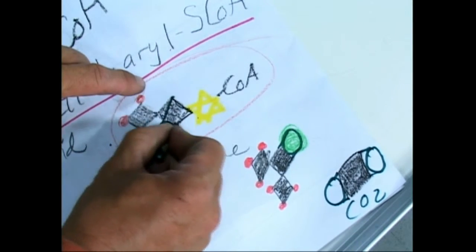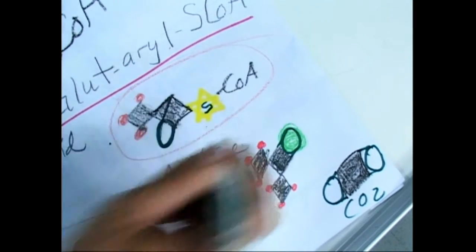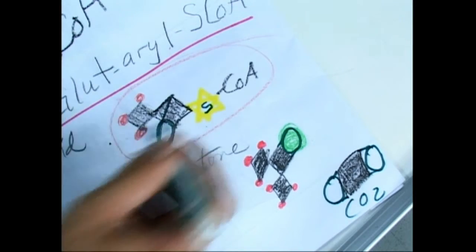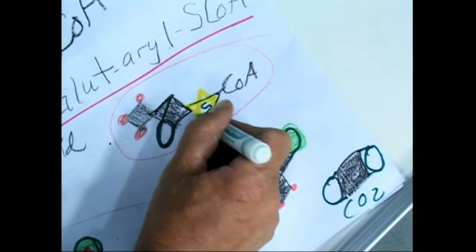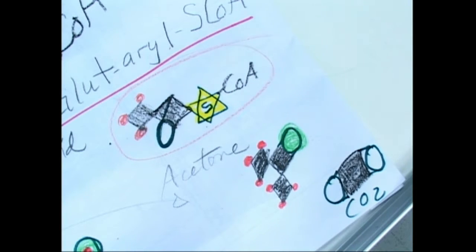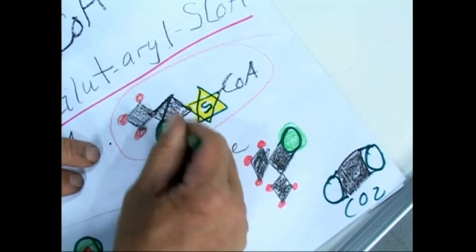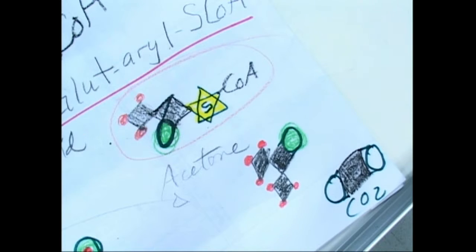So that's all 4 bonds there. Sulfur we can draw in green so you can see it. You can outline it. Color the O. There you go.